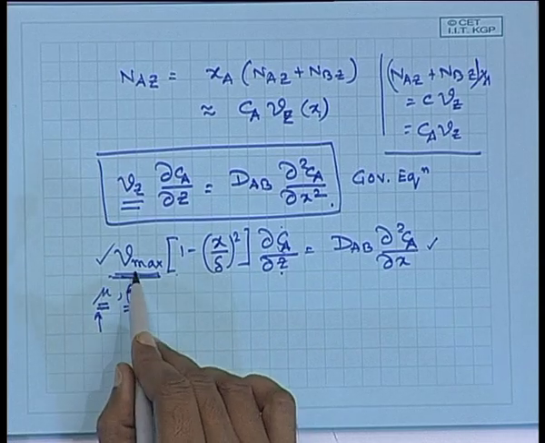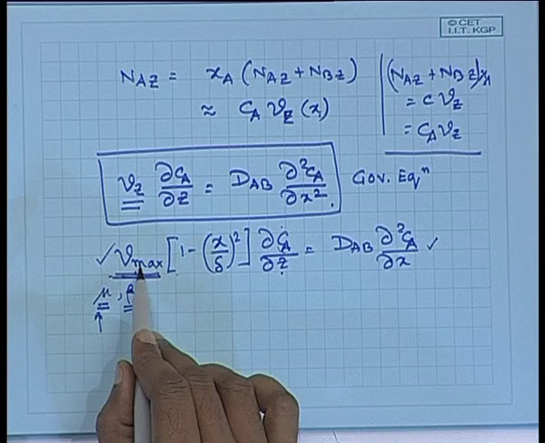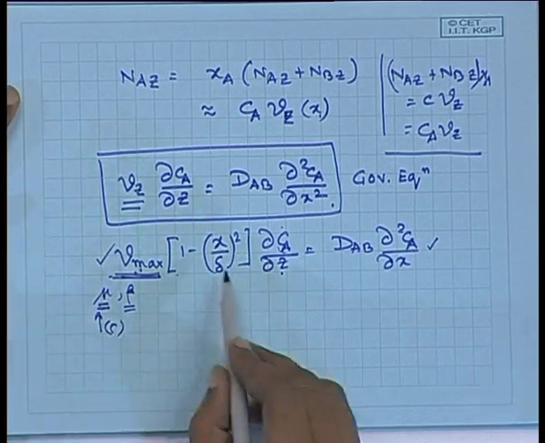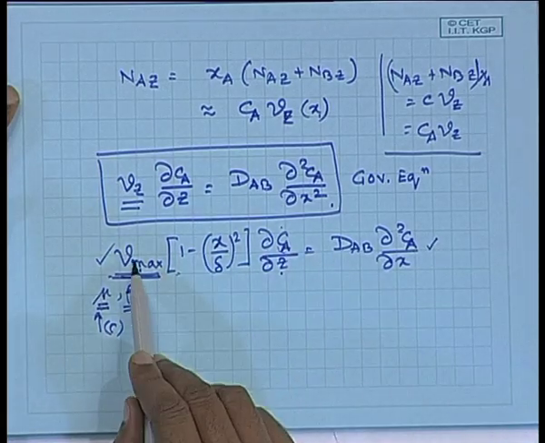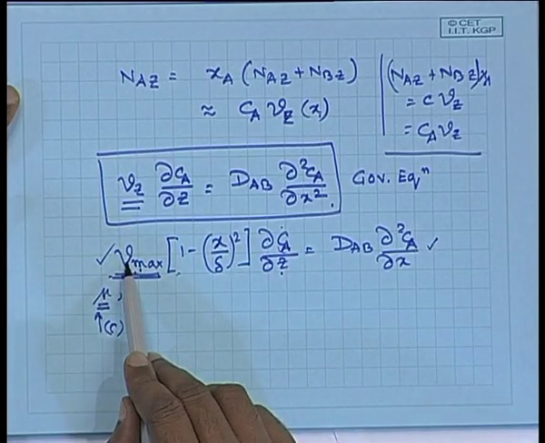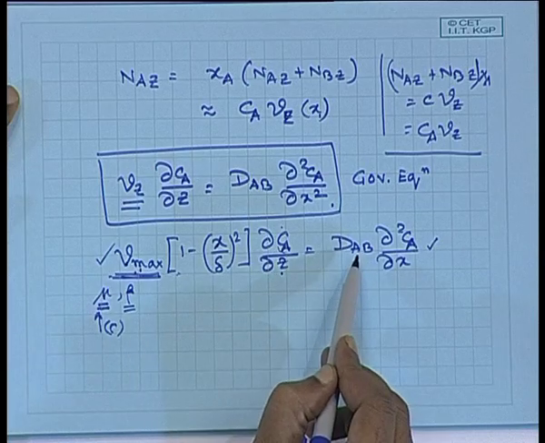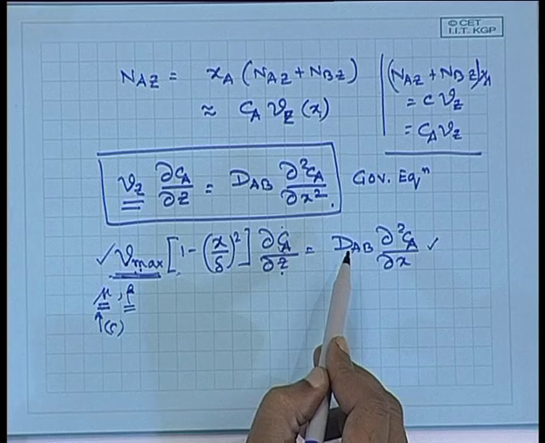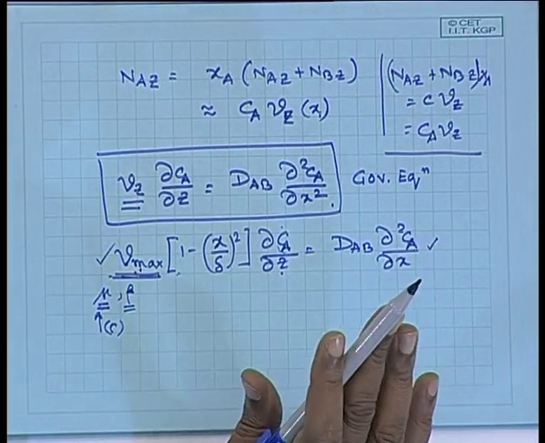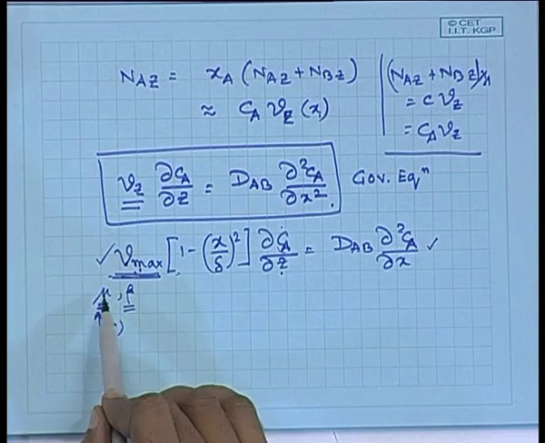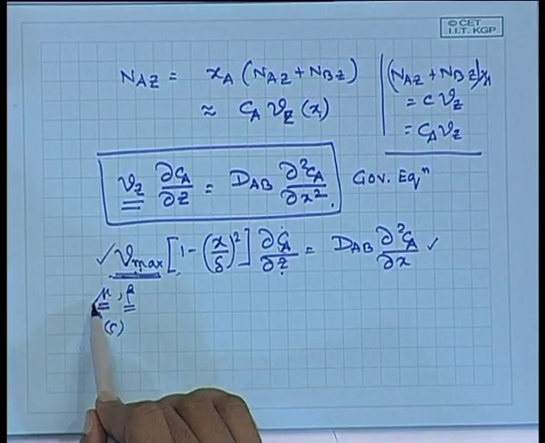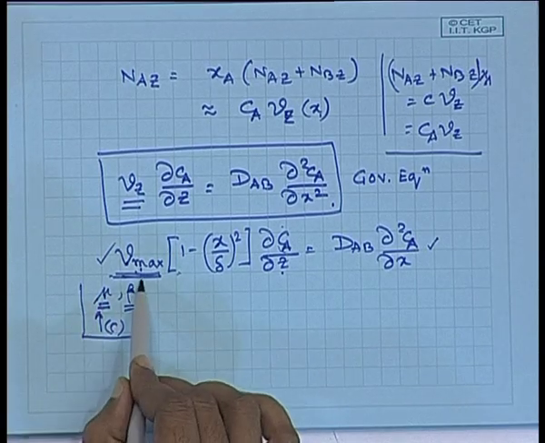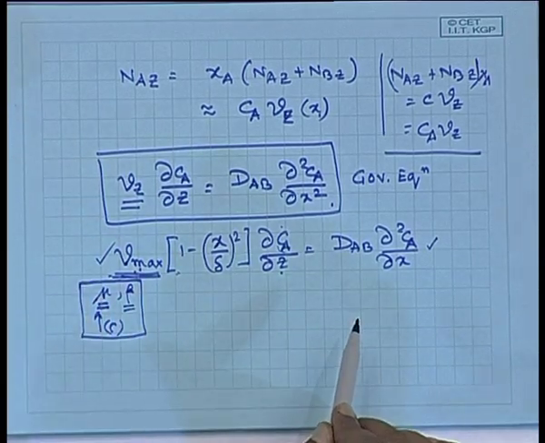But suppose Vmax is a function of mu and mu is a function of concentration, then without solving this equation, you won't be able to find Vmax. Without finding Vmax, you won't be able to solve the mass transfer part of the problem. So, that is what a coupled process is. But here we are assuming that these two processes are uncoupled by the constant value of mu. This is for more complex problems which you may encounter in future.